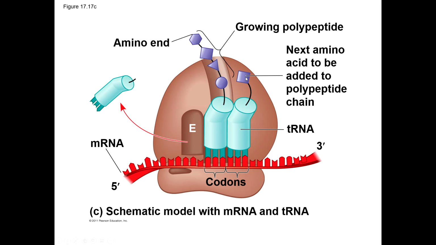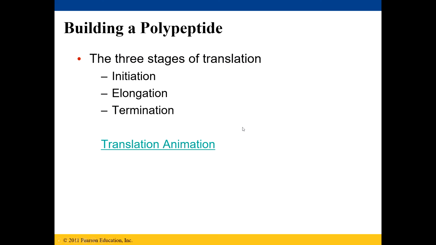And the next amino acid then to be added is on the A site. We add that then to the one that's on the P site. They form a peptide bond, and now you have your polypeptide chain forming. And then those on the P site move to the E site and release the transfer RNAs, and out they go. And this just continues. So again, they just keep moving from A to P to E.